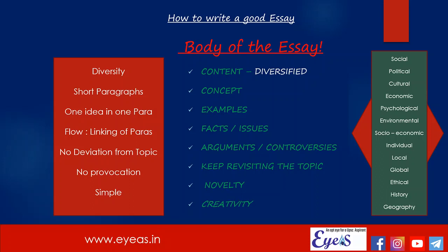Now, one should keep in mind while designing the body of the essay that there must be diversity. This is the most important aspect of an essay, diversity. The essay must be structured in a way that you are giving a variety of ideas or a variety of points, and each idea or each point is confined to a small paragraph of 5-6 lines.